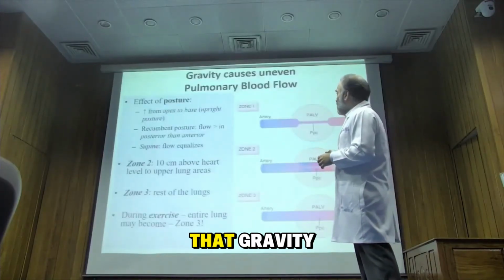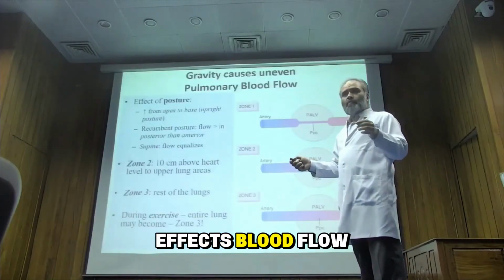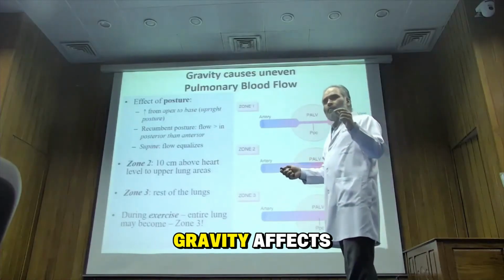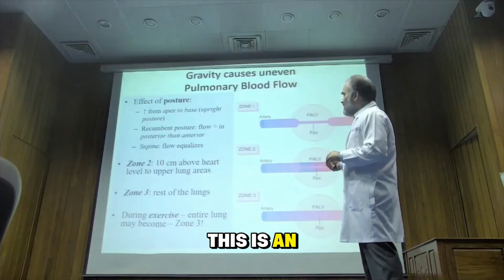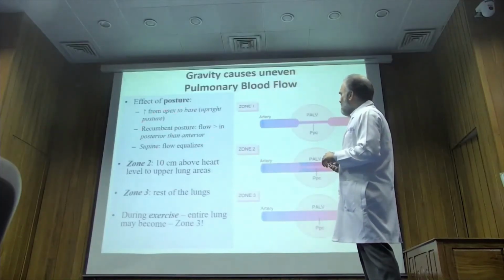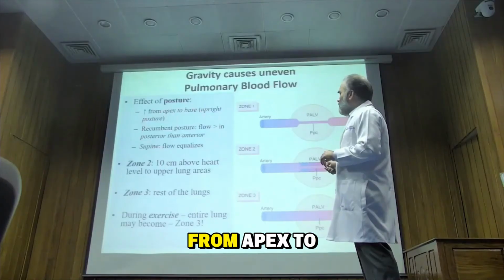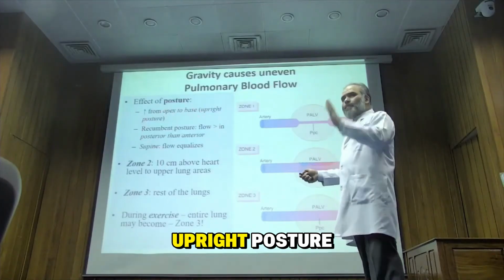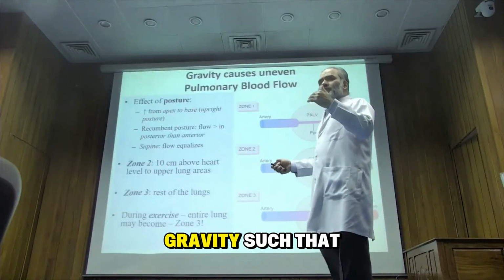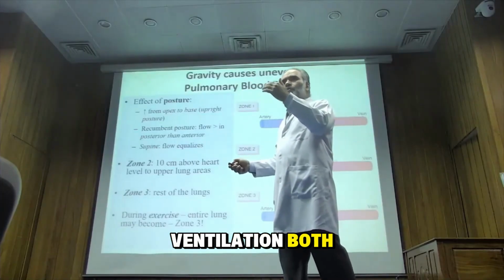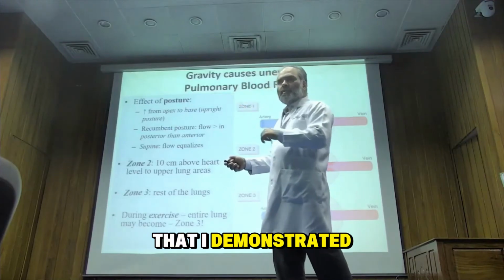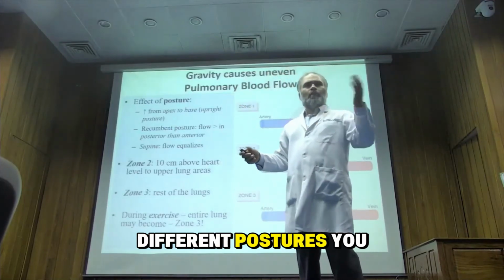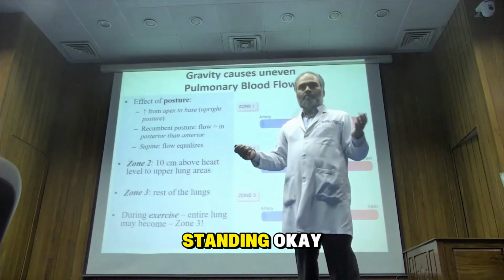So we know that gravity affects blood flow. We know that gravity affects air as well inside the lung. We've done that yesterday. This is an anatomical bit here, that when you go from apex to base in the upright posture, the effect of gravity is such that blood flow and ventilation both decrease as you go against gravity, something that I demonstrated yesterday. However, there are different postures. You are not always standing. Okay.